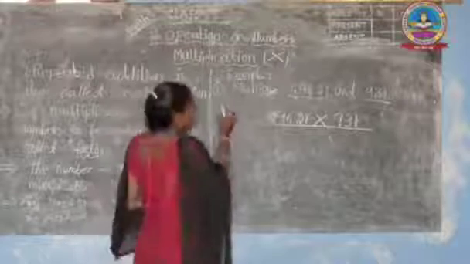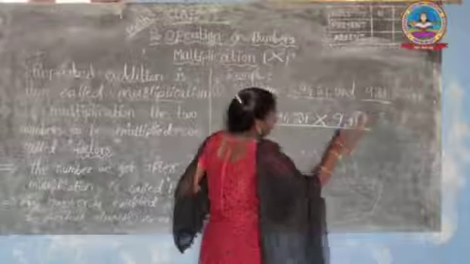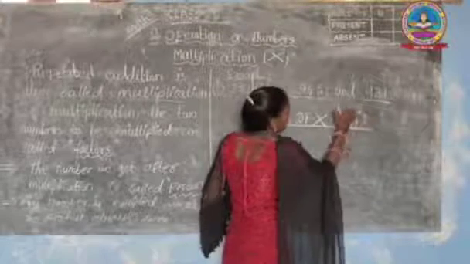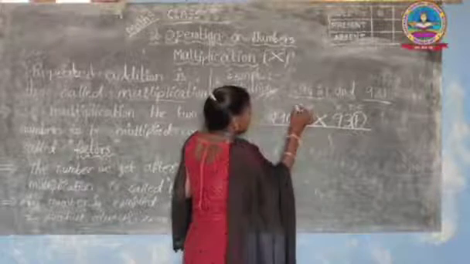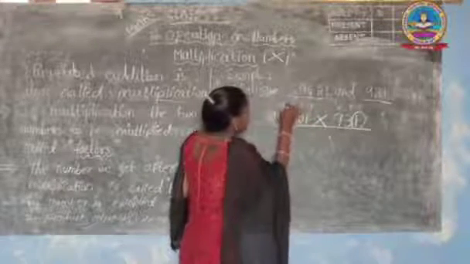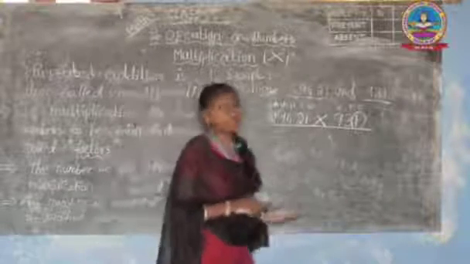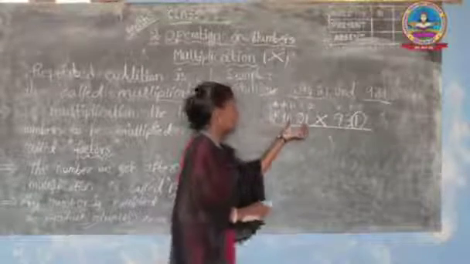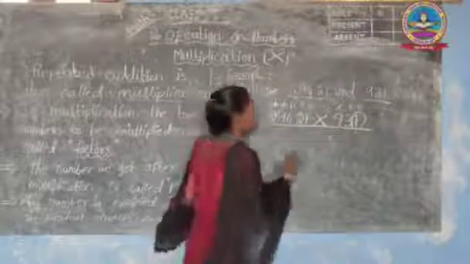The first step is, first we multiply this number by the digit in the ones place. The places are ones, tens, hundreds, thousands and ten thousands. Let's multiply first. The first step is 29,421 multiplied by 1. What is the first step?